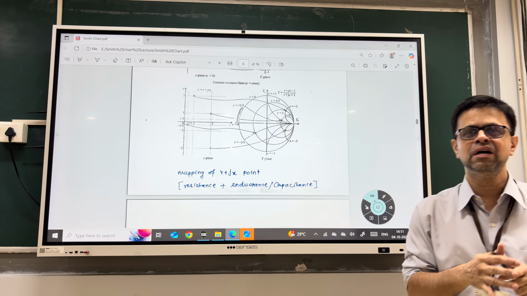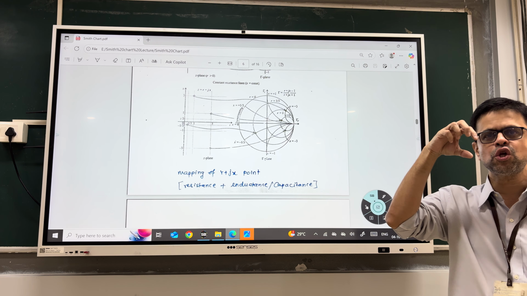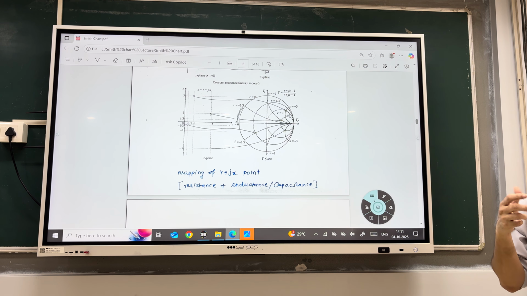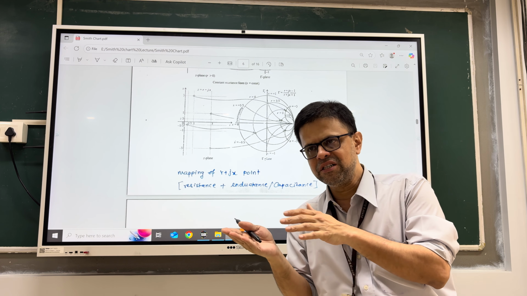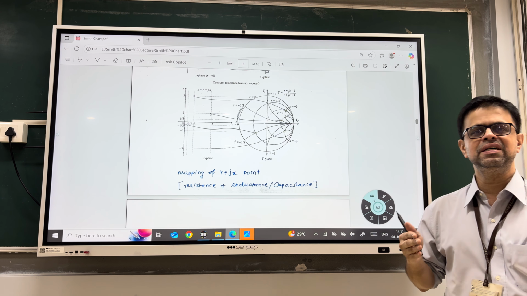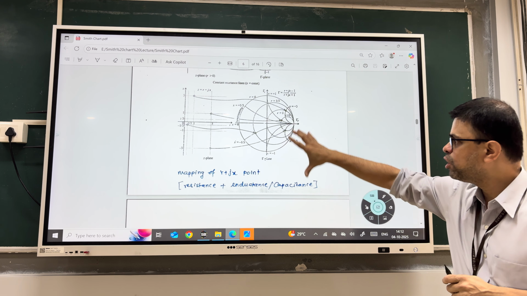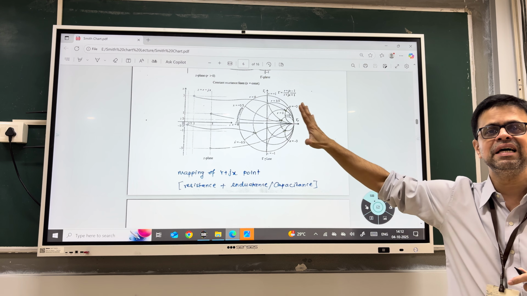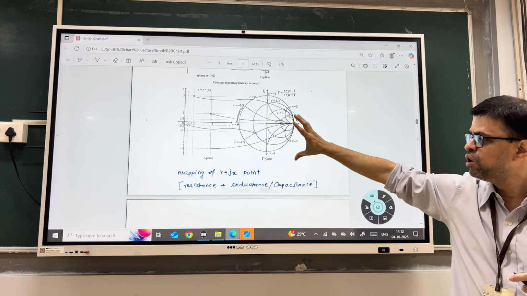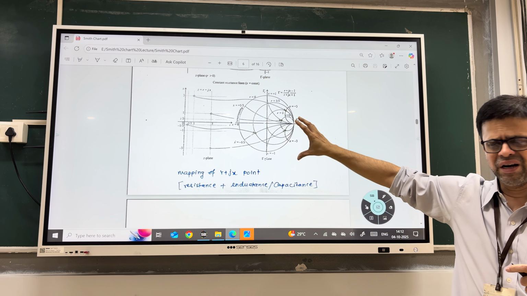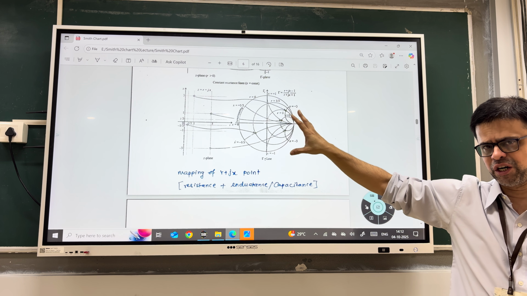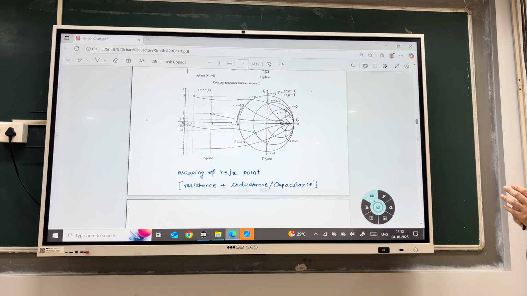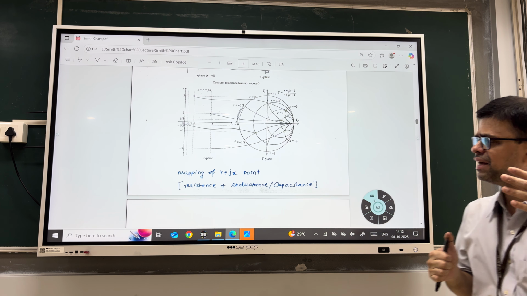Then we will have problem solving based on T-pi network matching. Prior to that, we will understand the admittance Smith chart as well as the admittance and impedance Smith chart together, because what we have developed here is an impedance Smith chart. Then we will solve a T-pi network.